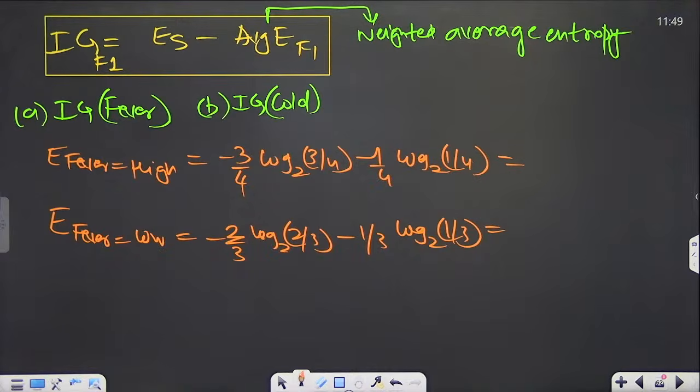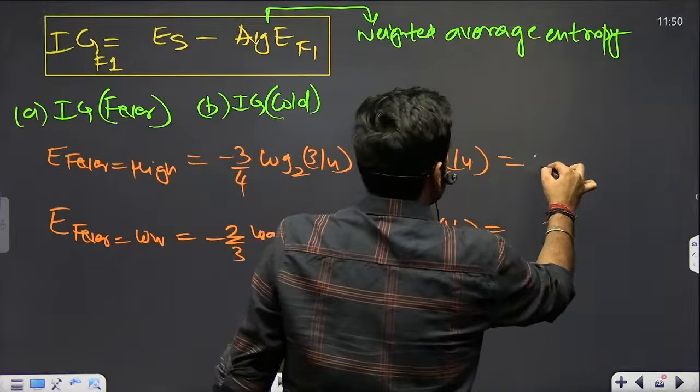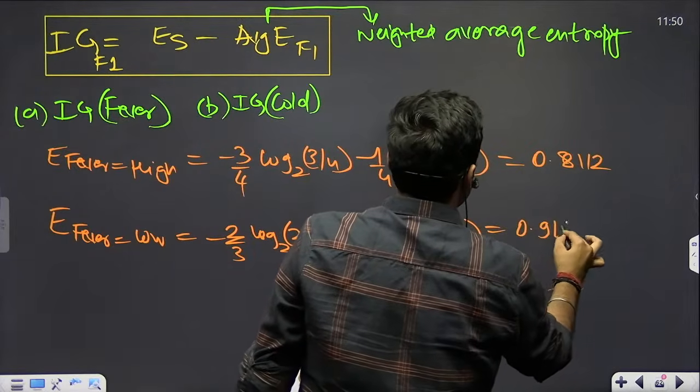Correct, 0.8112. So this is 0.8112 and 0.918.